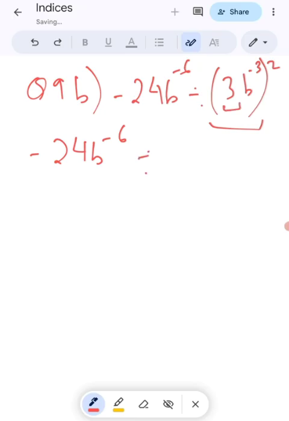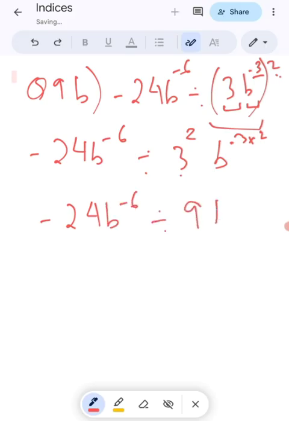Now this 3 is also being squared, and this power minus 3 is going to be multiplied with 2. 3 square, let's write it separately for our understanding. So 3 square, and then we can write b raised to the power minus 3 is going to be multiplied with the 2.